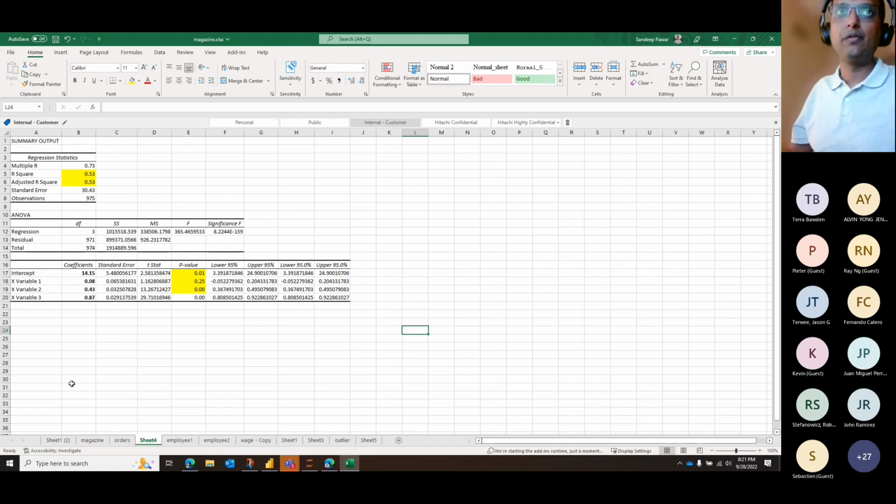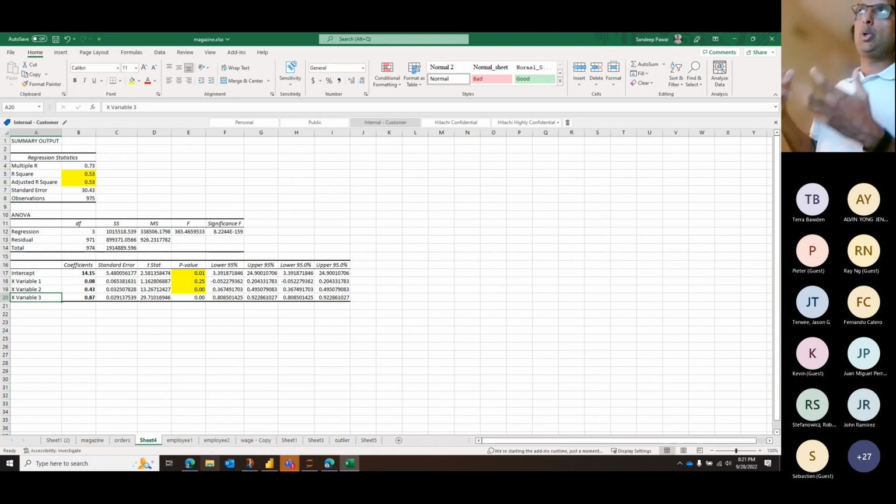For example, if this variable was age, hypothetically speaking, and it showed that age is a significant variable in your analysis, and if age goes up by 1 year, then maybe your sales measure will go up by maybe $10,000, hypothetical.